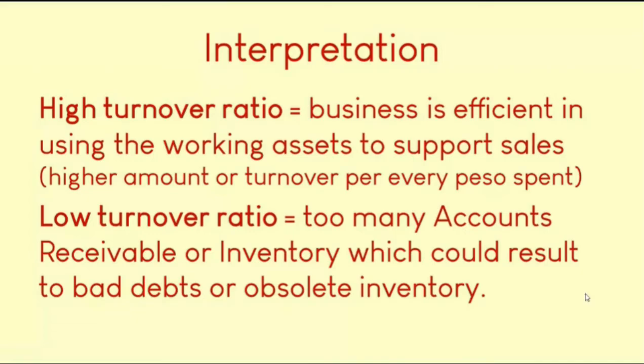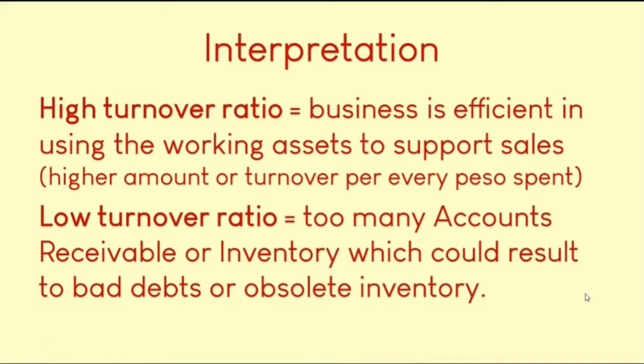Kasi mabilis mag-replenish yung working capital natin. If the working capital supports that much sales, that means it replenishes quickly, and therefore we need more financing for our working capital because our assets are not enough to supply for that amount of sales.